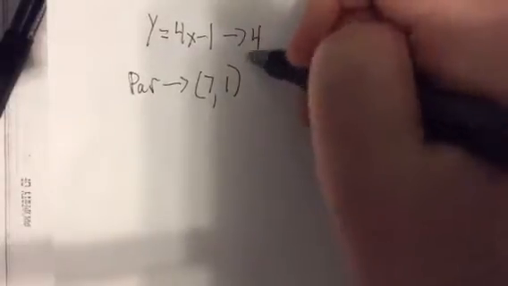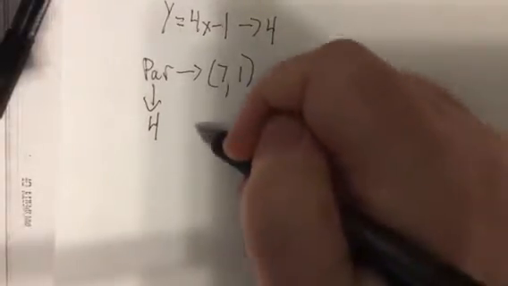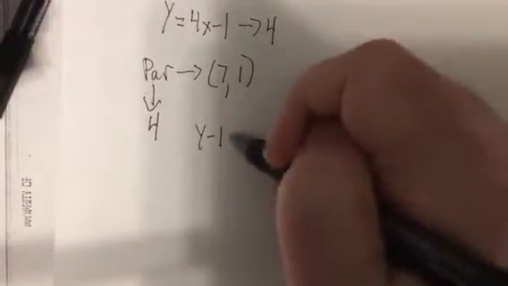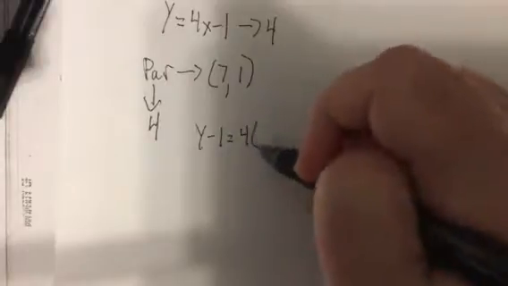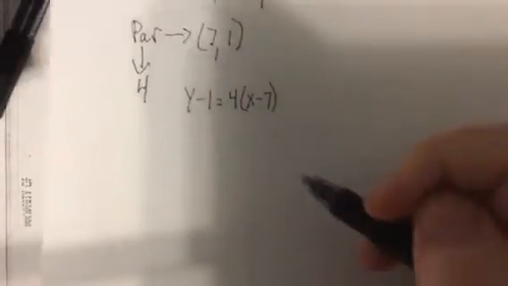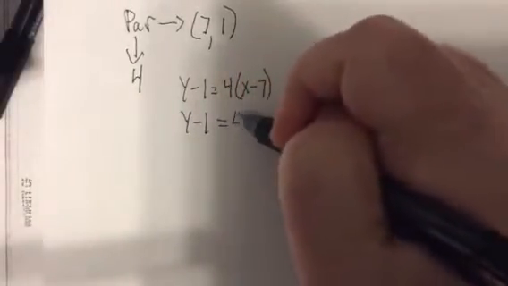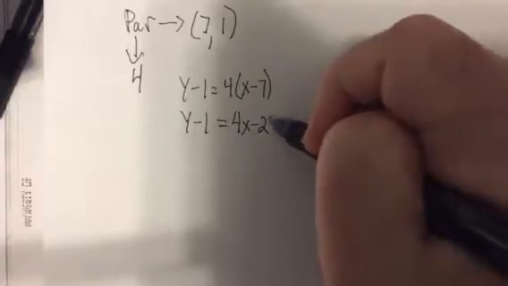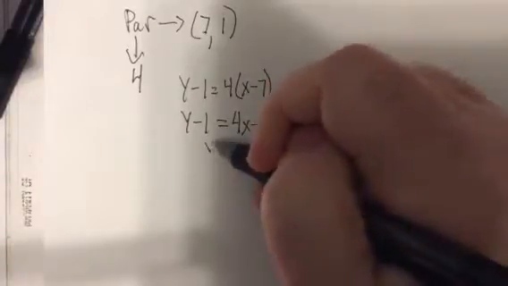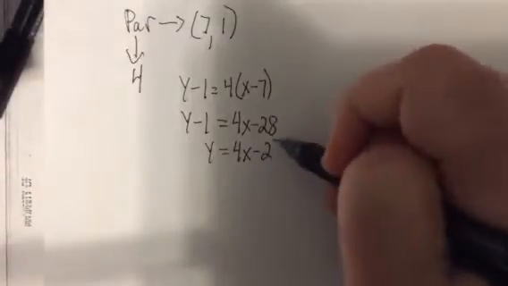This slope is 4, so the parallel slope has to be 4. So then you just put it in point-slope. So you go y minus 1 equals 4 times x minus the x number. Now for this problem, let's do slope-intercept. I didn't specifically say that, but hey, sounds like fun. So add 1, y equals 4x minus 27.